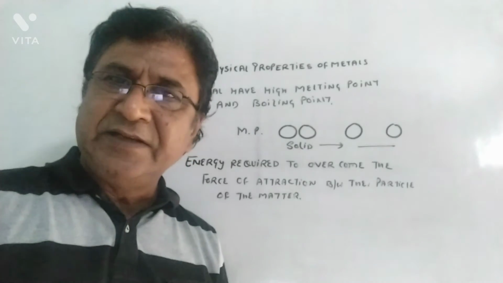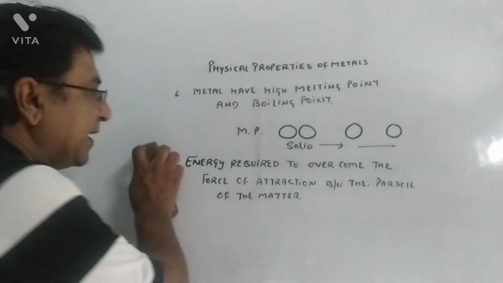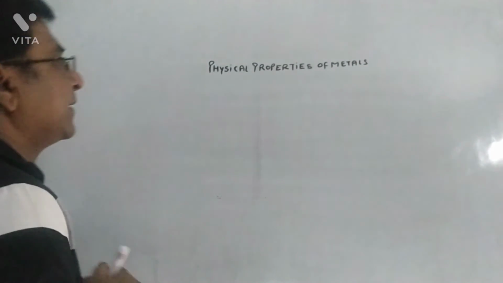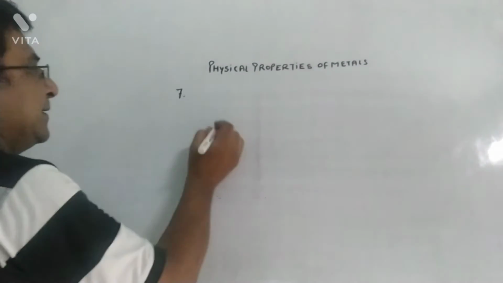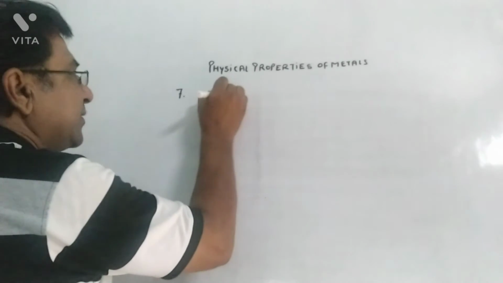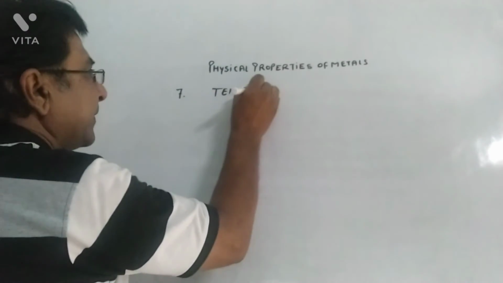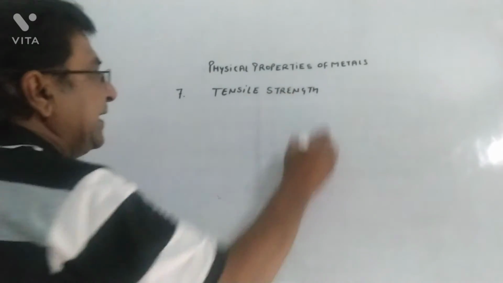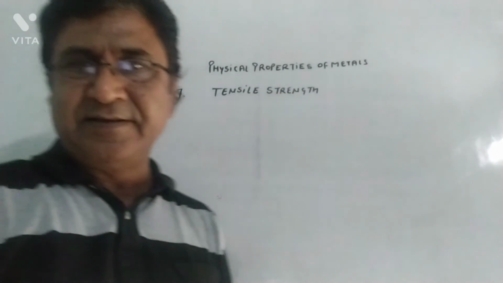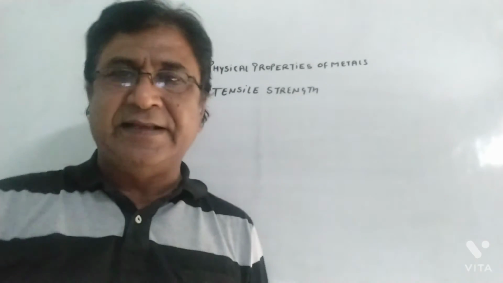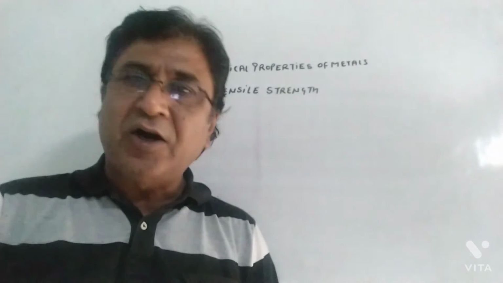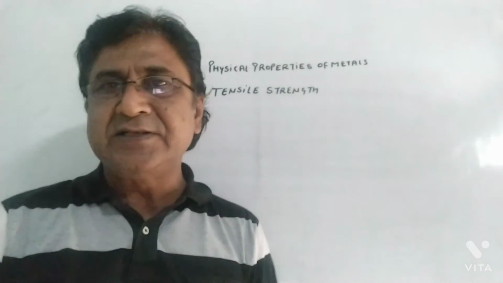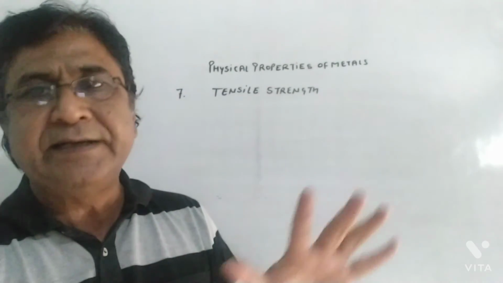The next property which we are going to discuss is that metals have great tensile strength. What is tensile strength? When any material is subjected to a great stretching pressure, how much of that pressure a substance can absorb is called tensile strength.